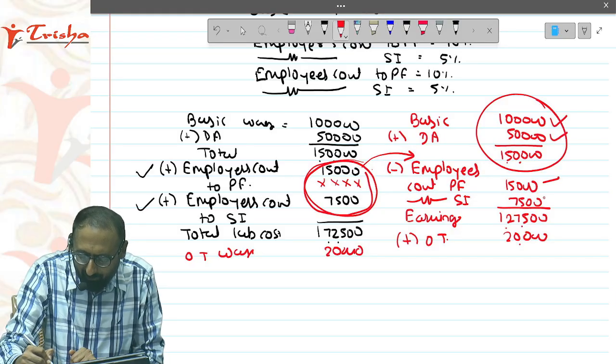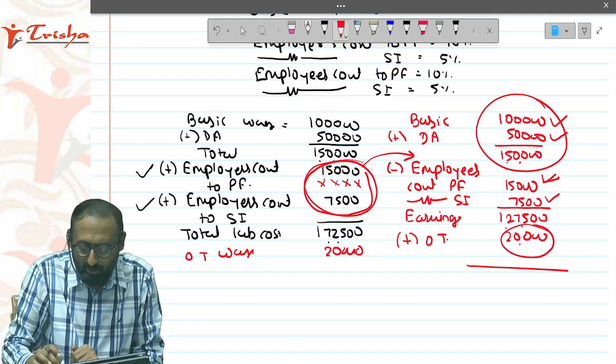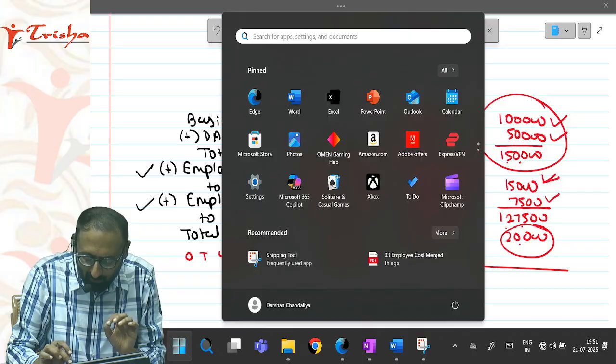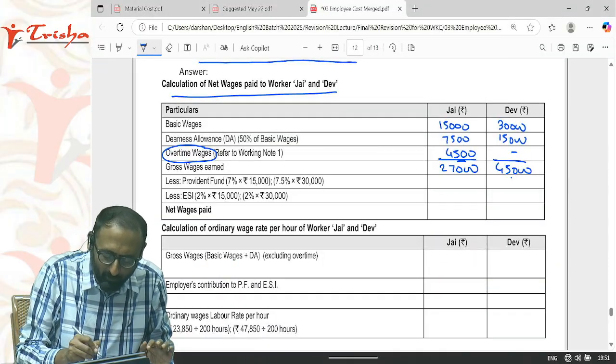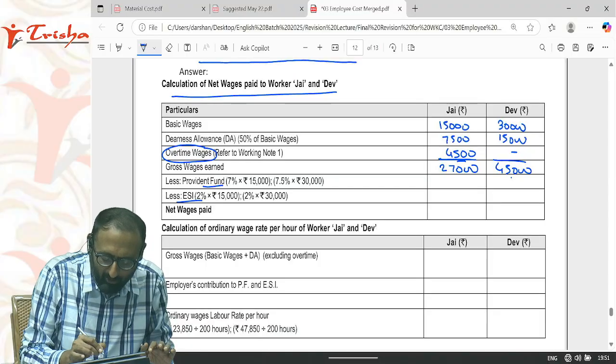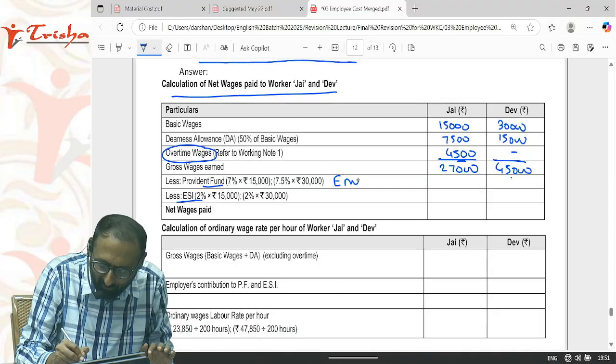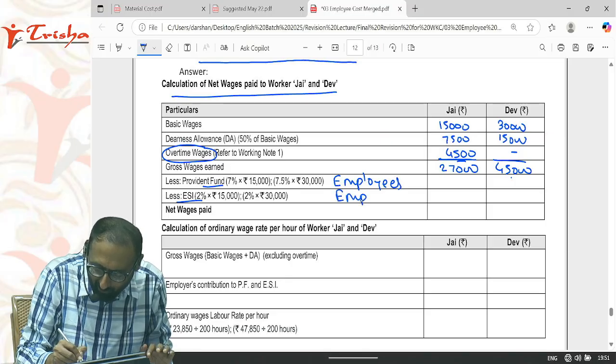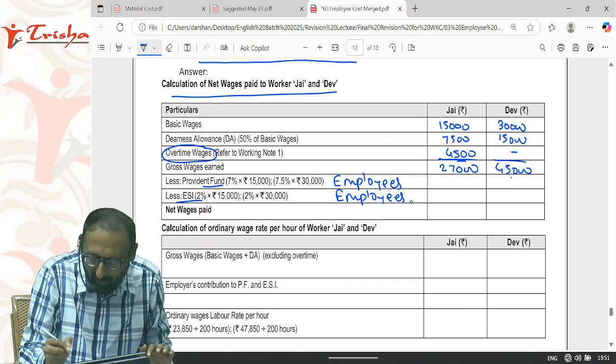Provident fund and ESI will be deducted, and overtime will be added. So from these you will have to deduct provident fund contribution and ESI contribution. This is employees contribution to provident fund and ESI.